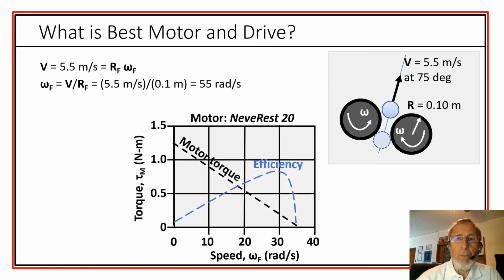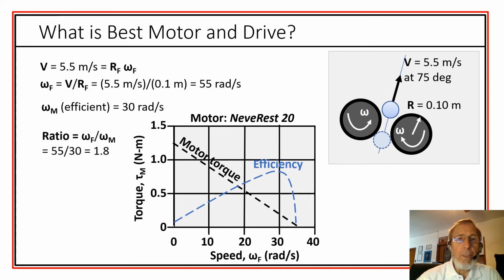Again, we look at the motor curve and see what that tells us. We'd like to be in a high efficiency condition, which means about 30 radians per second. The ratio then between the flywheel rotational speed and the motor speed is 1.8.